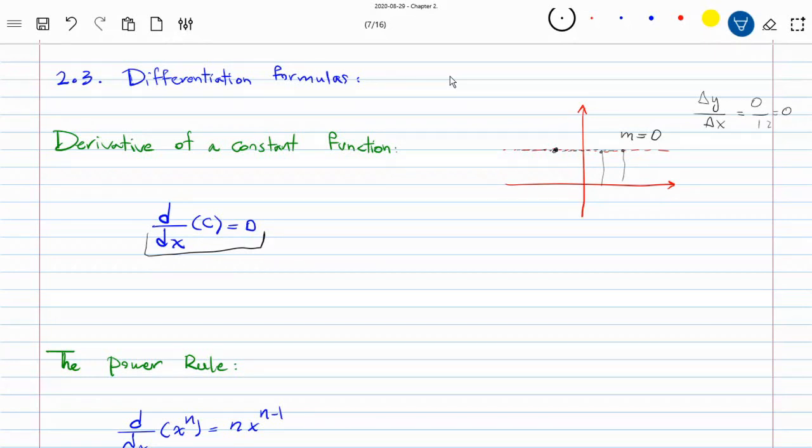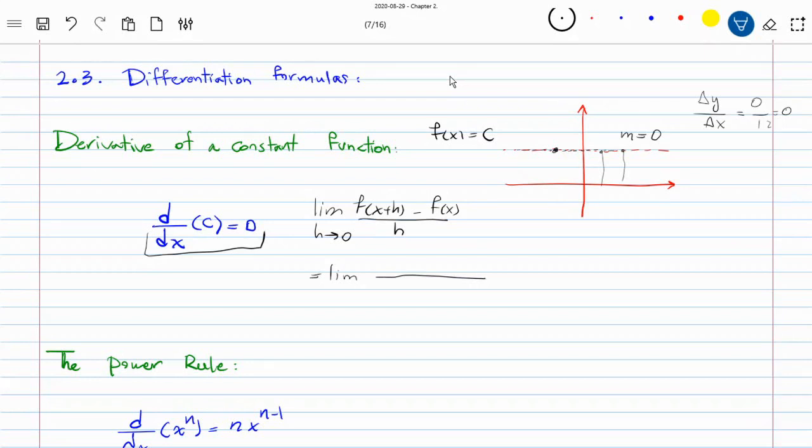You can calculate this using the definition as well. The limit of f of x plus h minus f of x divided by h as h approaches 0, given the function f is a constant c. So what is f of x plus h?